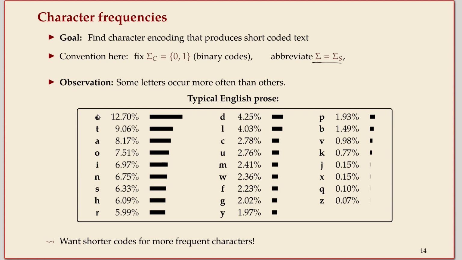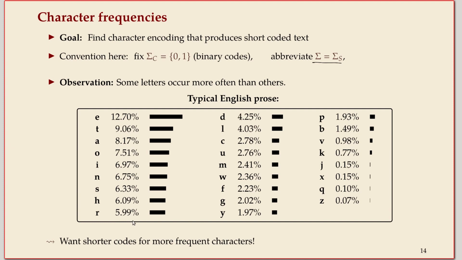So you see that E is much more frequent than the other characters, and then the others follow in this order. Now, I happen to know that in German the order is a little different, so this is really language specific, but it also happens that E is the most frequent character. And you see there's some characters that even if you combine all of the last row together, this will be not much more than a single character from the first row.